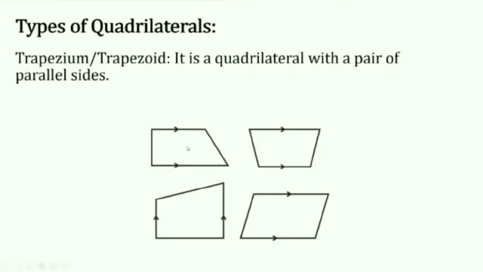In all these 4 figures, you can see the lines with arrows are parallel to each other. So again, only one pair of opposite sides is parallel, and such a quadrilateral is called a trapezium or a trapezoid.